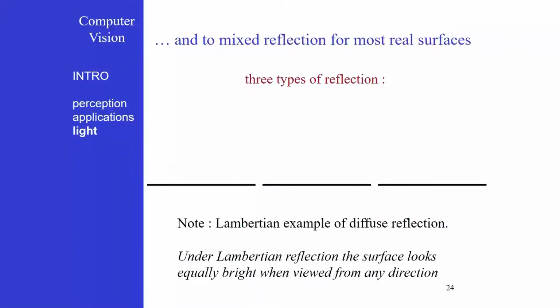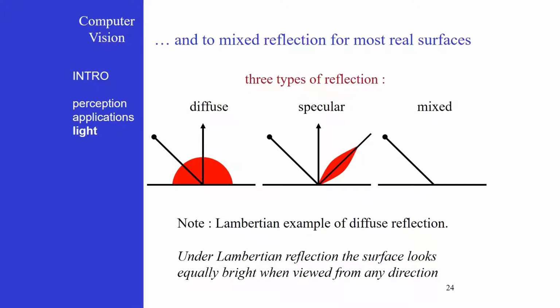And here you see an overview of how reflection can be classified, you could say. So first is diffuse reflection, secondly specular reflection, and thirdly the more realistic type of reflections, which are this mixed model. So first, specular reflection.